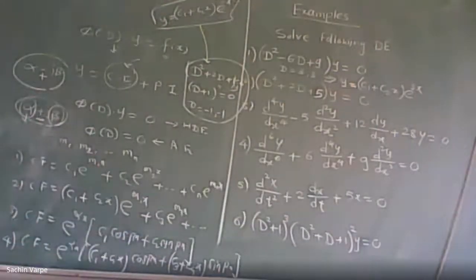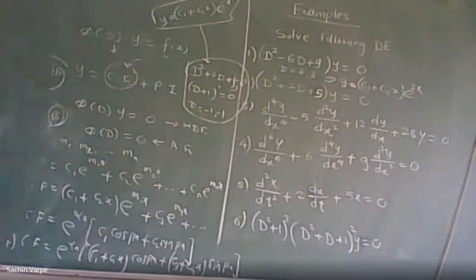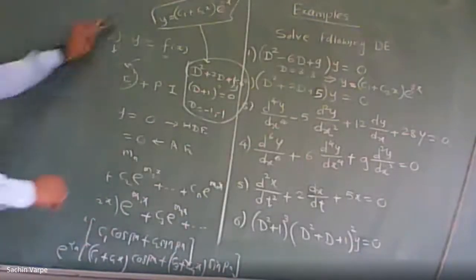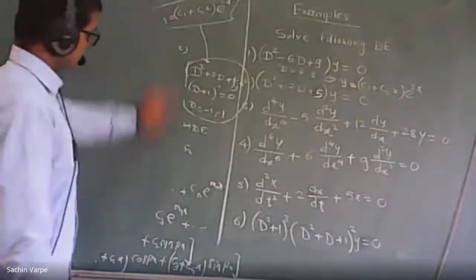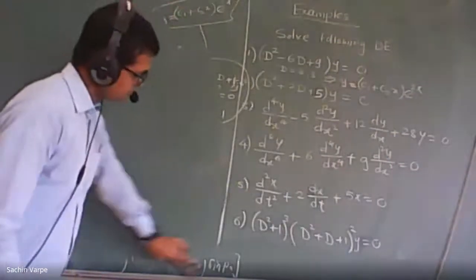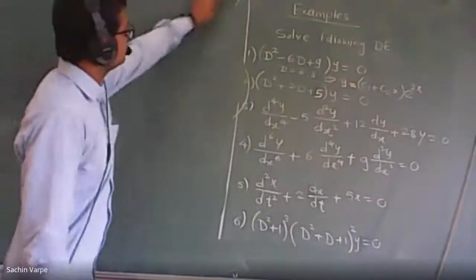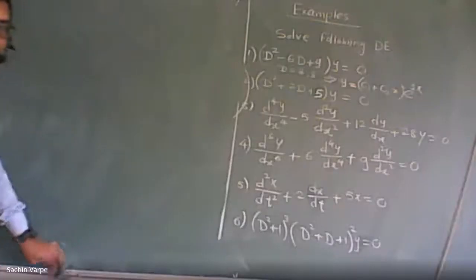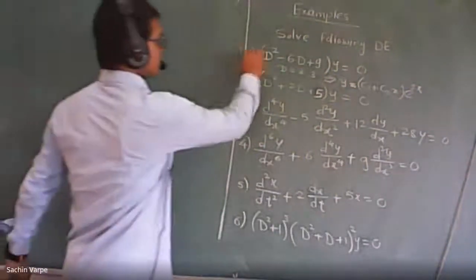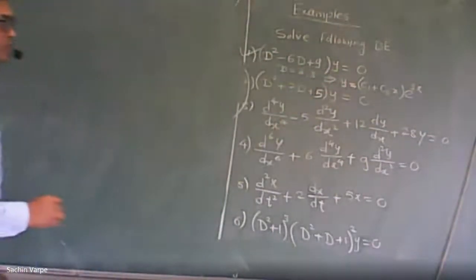Just check your solutions, but don't wait for my solution, please. You solve one by one. So the solution of the first one is c1 plus c2x, e to the power 3x.